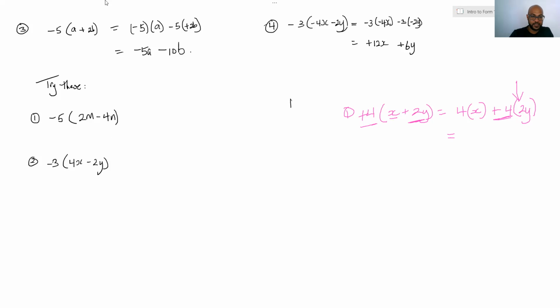In today's examples, we're introducing this negative sign in front of that number outside. So if I am working this out, I am multiplying everything inside of the bracket by this number that is outside the bracket. So minus 5 is being multiplied by 2m, and minus 5 is being multiplied by negative 4m. That's the other term inside of the bracket.